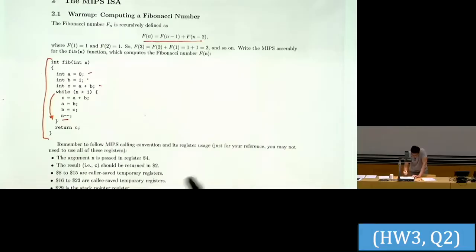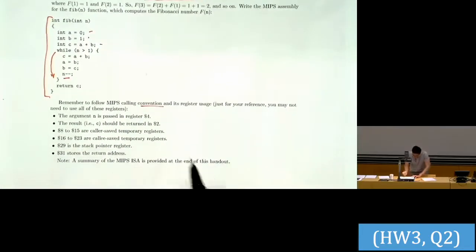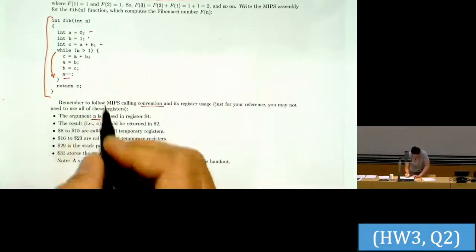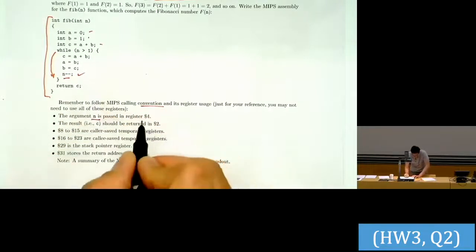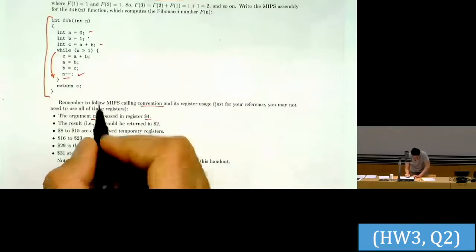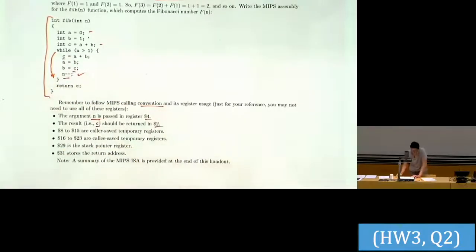So here there are some assumptions, conventions, to write our code. But let's say that the most important thing for now is that the argument n, that is this counter here, is going to be stored in register 4, and the result C, this C here, is going to be stored in register 2.